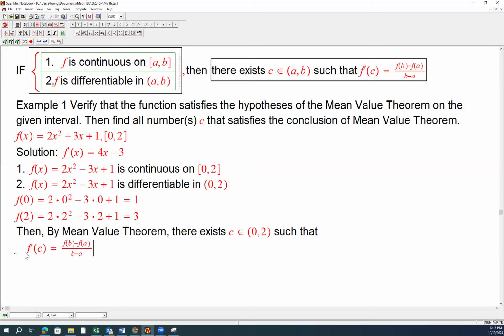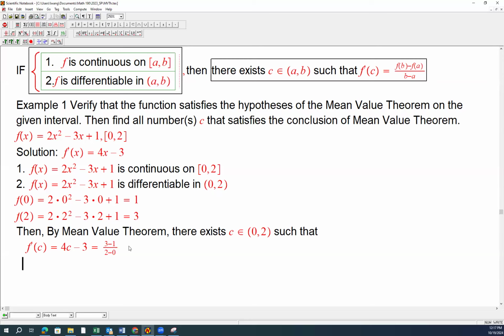So we're going to plug in all of these numbers. For f prime of c, we're going to use this piece: 4 times c minus 3, f(b) equals 3, f(a) equals 1, and b is 2, a is 0. So we got this equation.